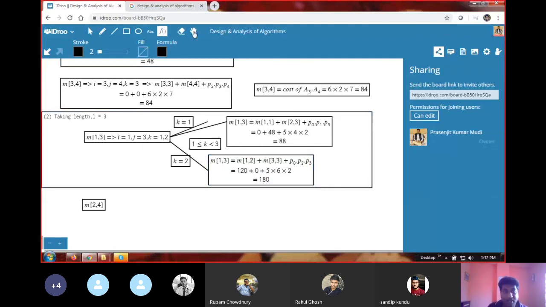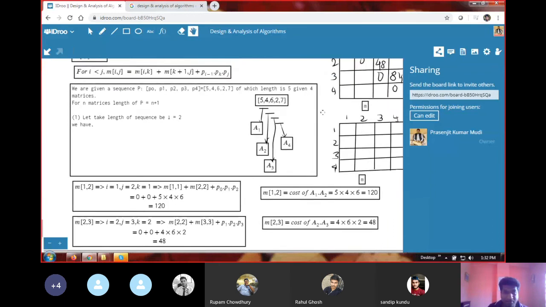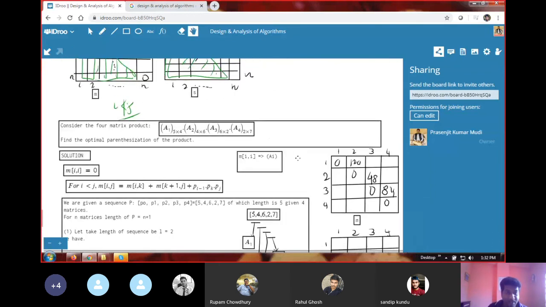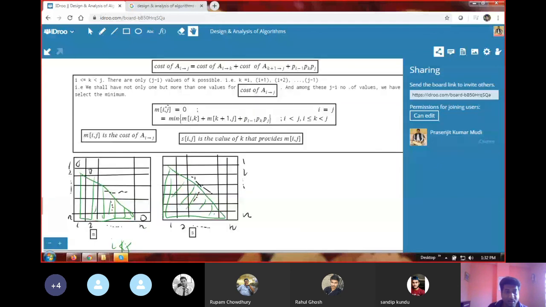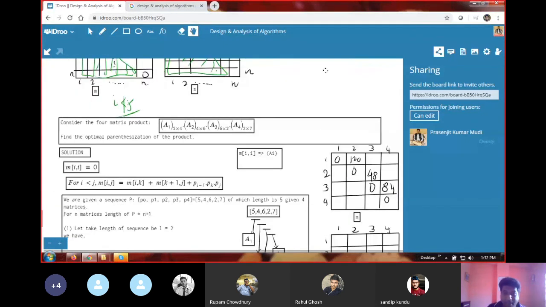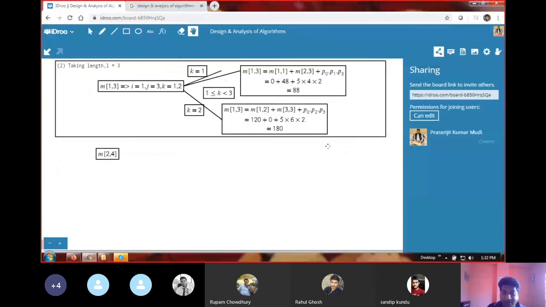And then what is our mathematical model of Mij? Mij is equal to the minimum of all the possible values of Mij. We got here two possible values of m1,3, out of which you have to take the minimum. So here we got 88 and 180.